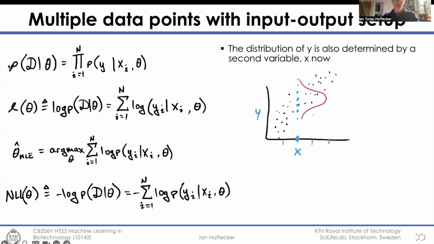And we can formulate this in the same way. We still want to maximize the likelihood in this case. So instead of the likelihood being defined as X given a set of theta, it's Y given a set of theta and a particular X value here. So for each X value, we're trying to maximize the likelihood of a normal distribution distributed over some point here.